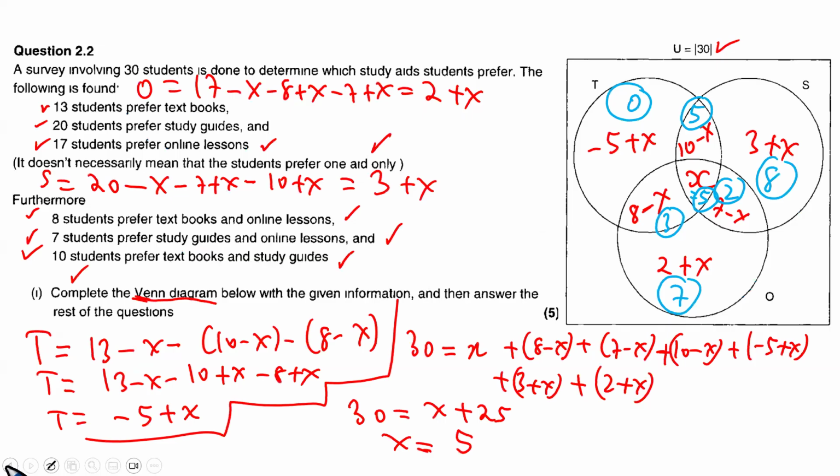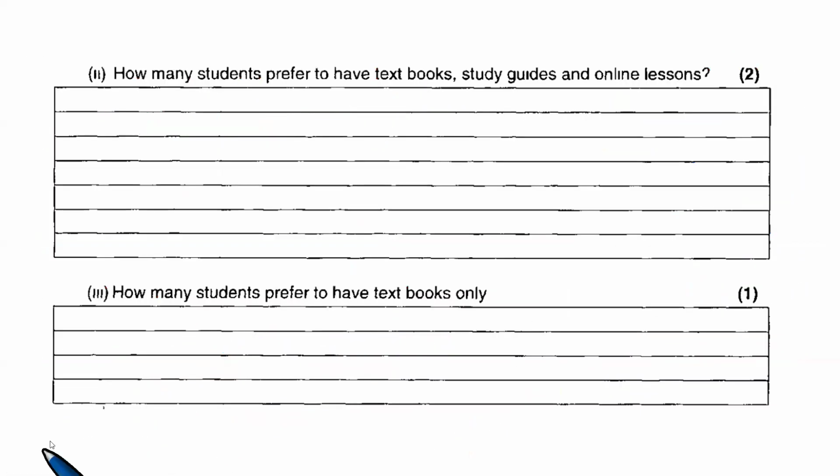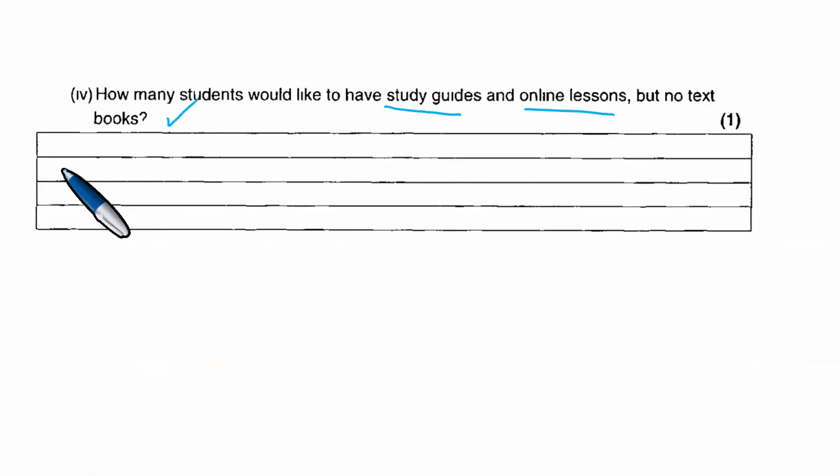Let's look at the Venn diagram. At this point, we analyze that we would be looking at the study guides and online lessons, but no textbooks. Here are the study guides and online lessons, but no textbooks at all, and that would mean you have exactly 7 minus x.